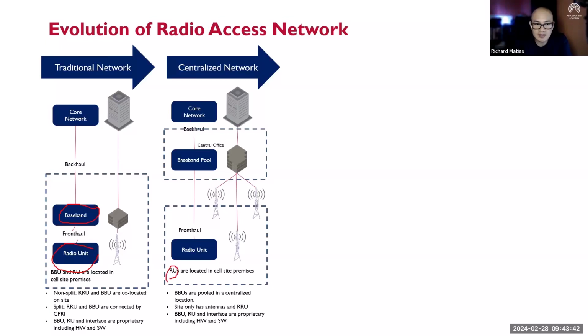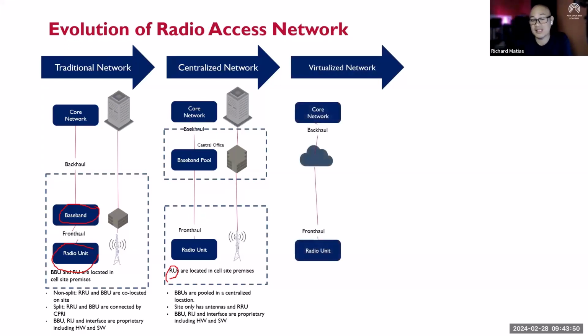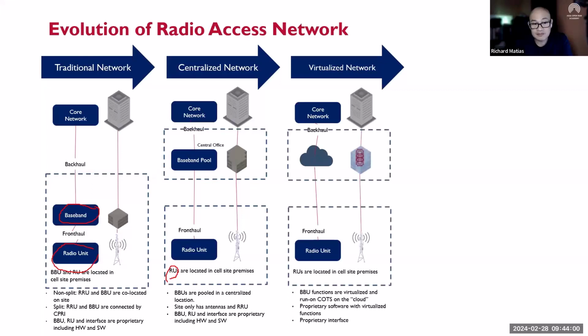And then the next step after centralizing the baseband unit is virtualizing the functionalities. We are using commercial off-the-shelf servers, the COTS, and then we put it in the cloud. All the functionalities have been virtualized.